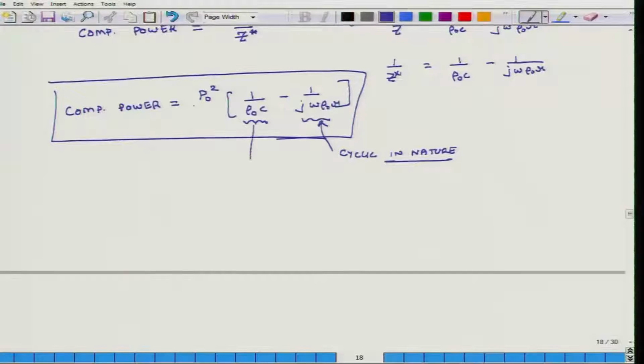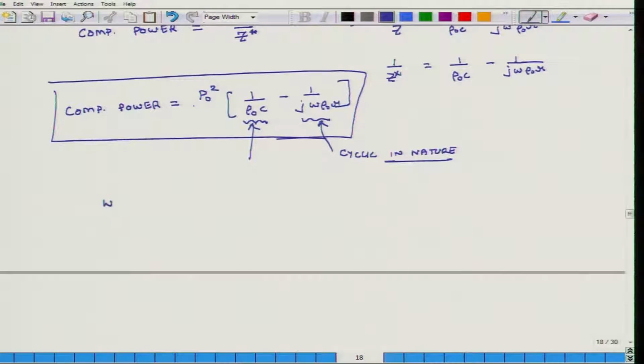Okay. For instance, this is something similar to a capacitance or an inductor. In half of the cycle, power is getting out of the source, and in the other half of the cycle, power comes back into the source. So, in spherically symmetric waves which are propagating outside, some power gets dissipated, which relates to 1 over rho c, but there is some other power which goes back and forth into the system.